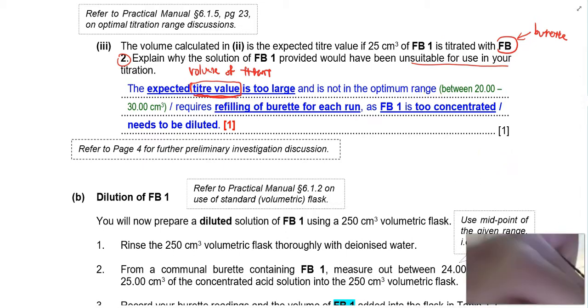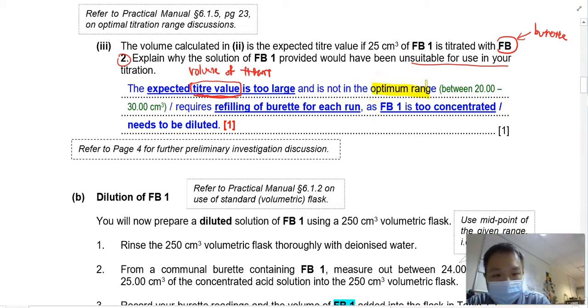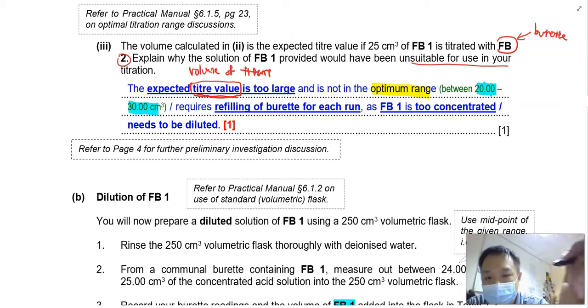This concept of optimum range was something that I discussed during the practical. Typically for titration, the optimum range of a titration is between 20 to 30 cm3. Take note the precision of the burette is to 2 dp, so 20.00 to 30.00 cm3. The question is why?